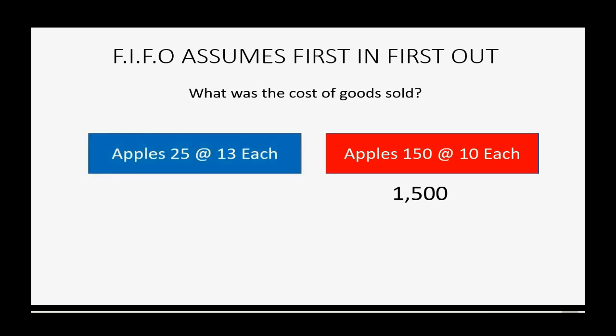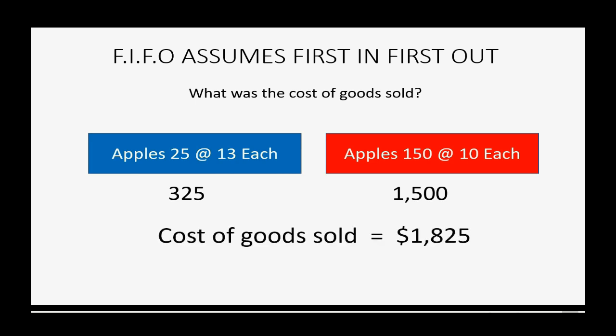And then we needed to add another 25 apples to make the total 175 apples for the sale, and we paid $13 for each of those, so that contributed $325 to the cost of goods sold. So the cost of goods sold for that particular sale was $1,825.